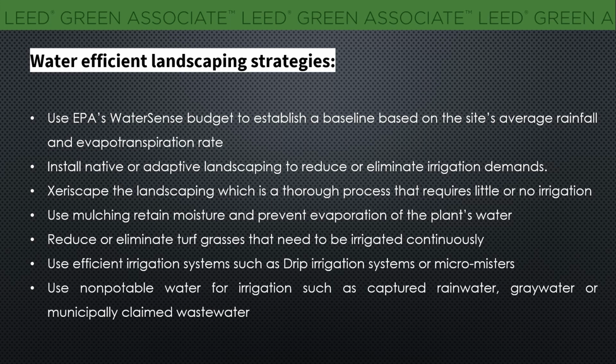And you can reduce or eliminate the turf grasses that need to be irrigated continuously. Use efficient irrigation systems such as drip irrigation systems or micromists. And also, always use non-potable water for irrigation, such as captured rainwater, grey water or municipally reclaimed wastewater.